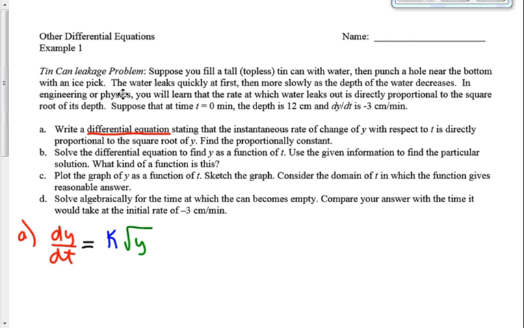And the last line says, at time t is 0, the depth is 12, and dy dt is negative 3. So I'm going to plug in what I know. So dy dt, I can plug in negative 3, and that's going to be equal to my k times the square root of whatever the depth was. And at this point, when t is 0, the depth is 12. So that's the square root of 12.